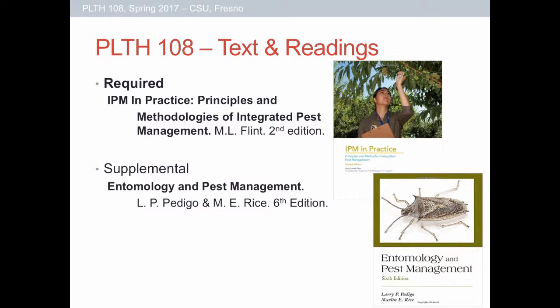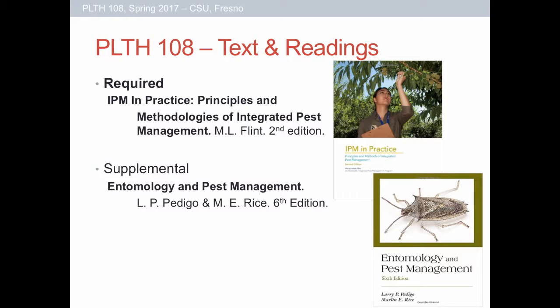As far as the textbook is concerned, we've got two of them. One is required, one is supplemental. The required one is IPM in Practice by Flint. This book is great. It's maybe a little overly simple, but the nice thing is that this is the official study guide published by the UC system for the DPR PCA exam.